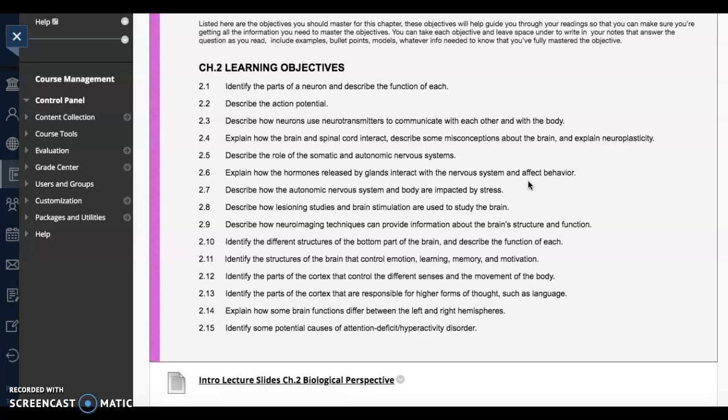So we're going to talk about what the components of the brain and the spinal cord are, some misconceptions about the brain, and neuroplasticity, which is basically that your brain is very fluid and changeable. What happens in the brain is not set in stone. You can learn new things all the time. You can make mistakes, you can grow.